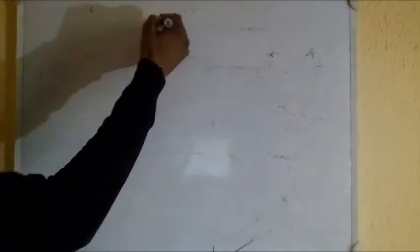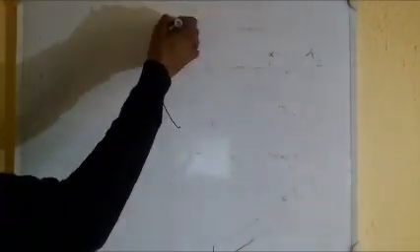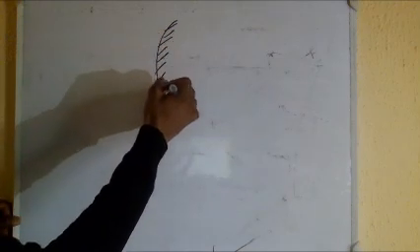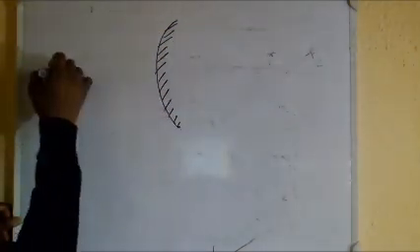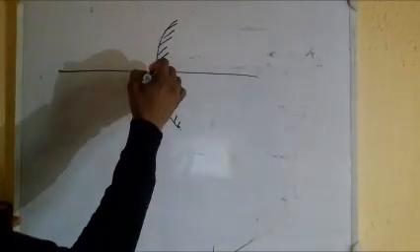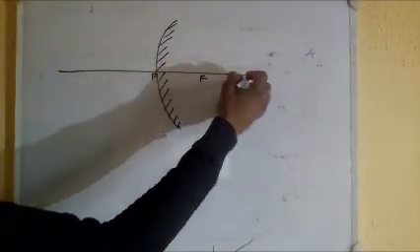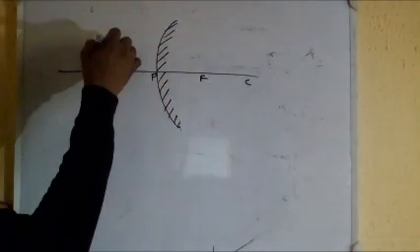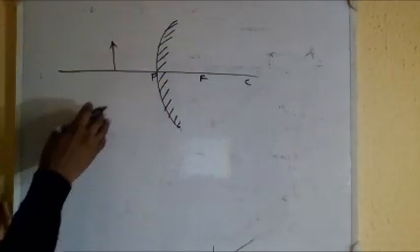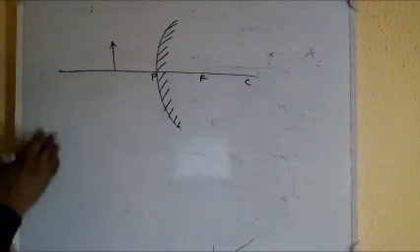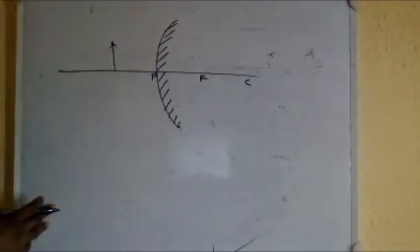Okay, so for the convex mirror, we see that the mirror goes in like this. The reflecting part is the one that is curved outward. So this is the pole, the focus, and the curvature. So the object is placed anywhere here, whether you place it close or far. No matter how you place that object, you understand?